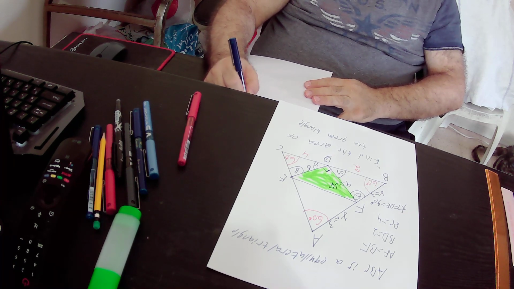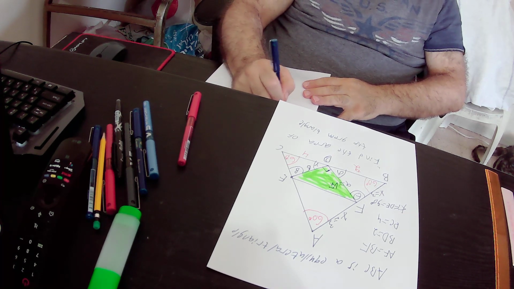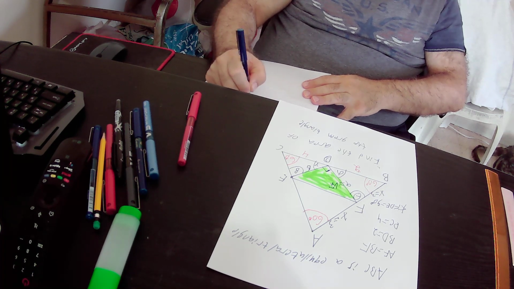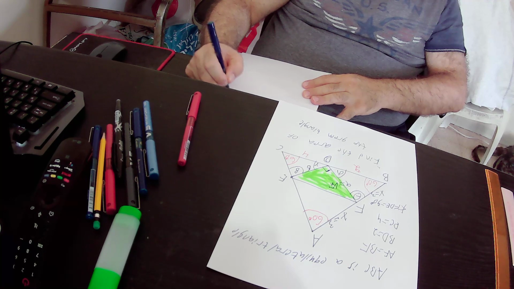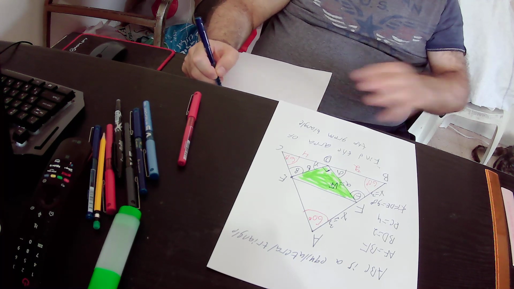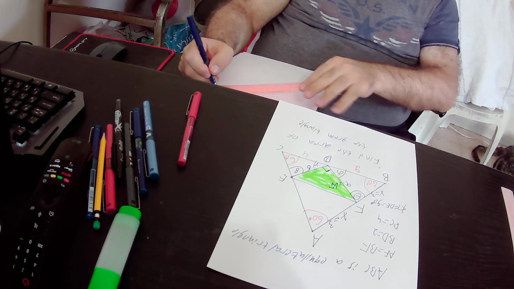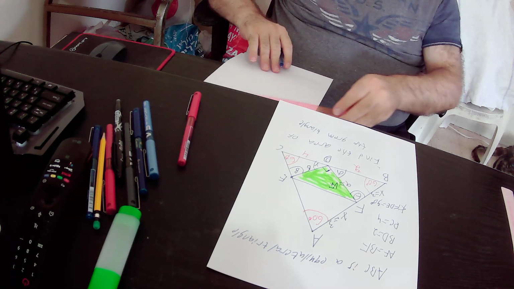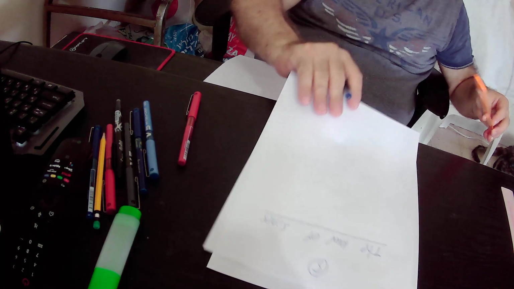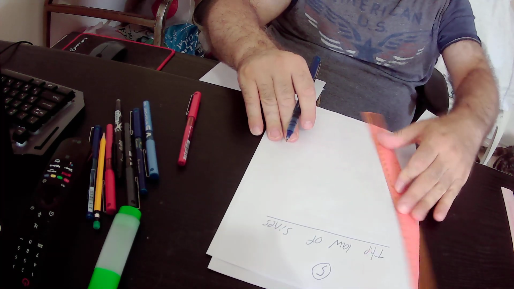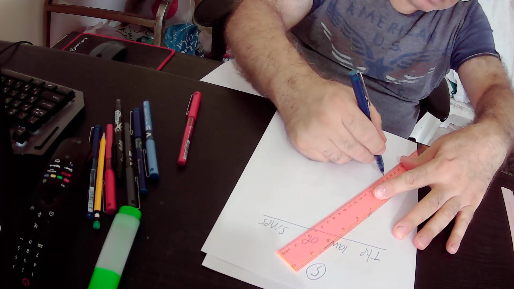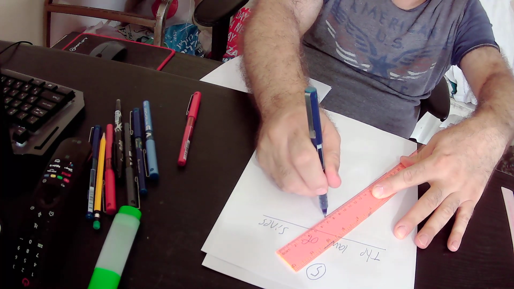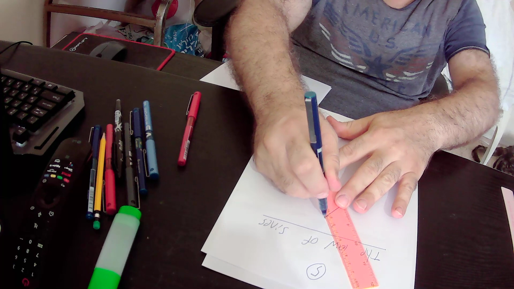What is the law of sines? Actually, the law of sines states that if we have any triangle, the law of sines applies to any triangle in the world.